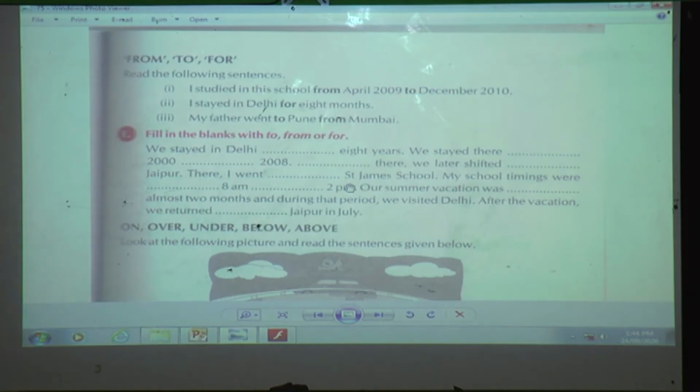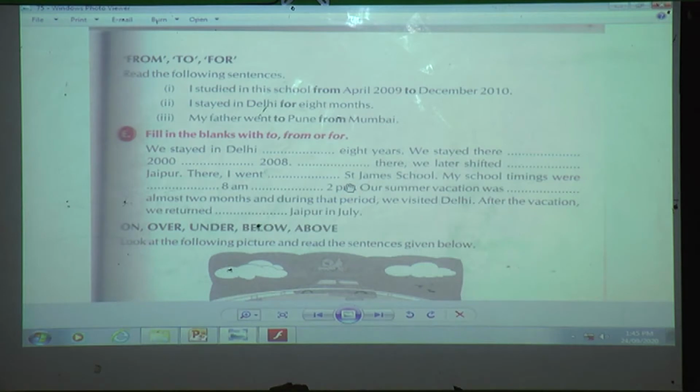Come on to page number 75, and we are going to learn the remaining prepositions: from, to, for, then on, over, under, below, above, and then on the next page we can see into, in, out of. So are you ready, students? I hope you have a pencil with you. Today which prepositions are we going to start? From, to, and for. You have to read the following sentences.